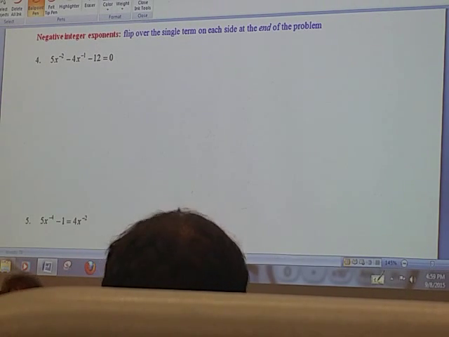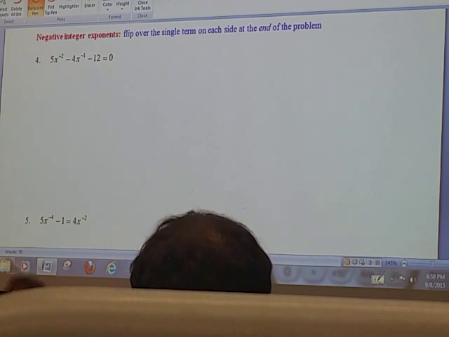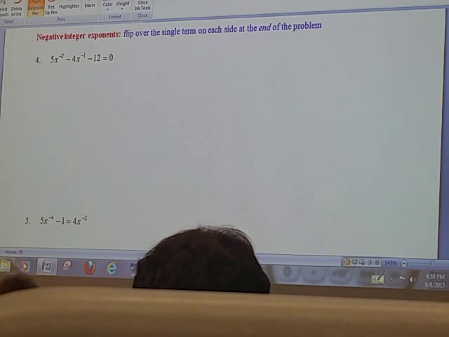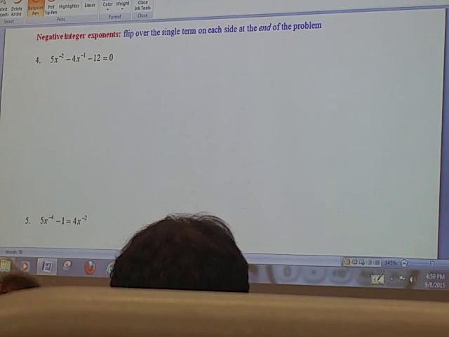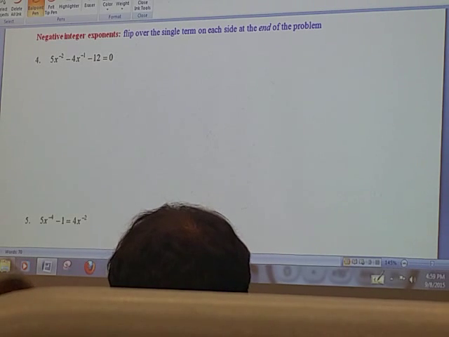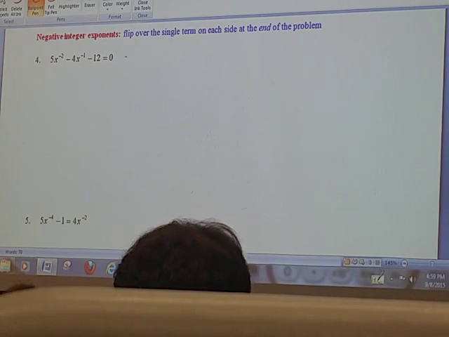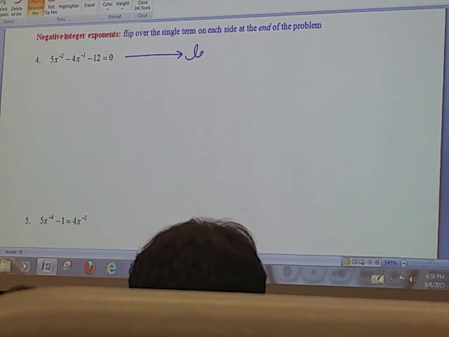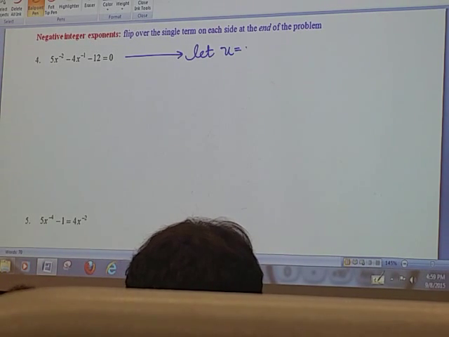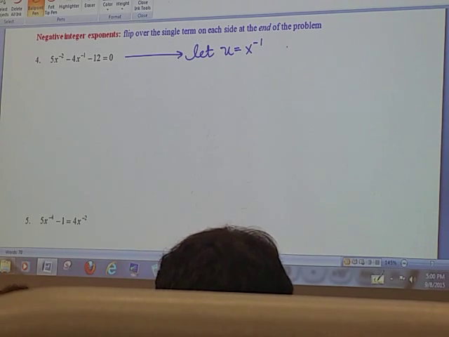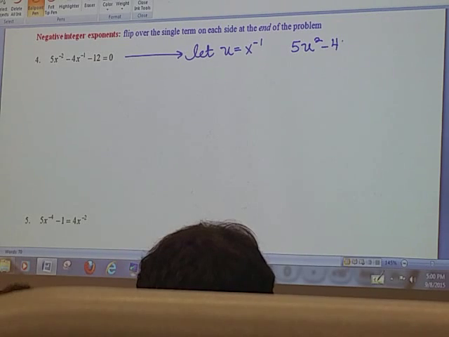Negative integers as exponents. I have no fear of this problem because it is exactly the same as the other one. What is u going to be? X to the negative 1. It's what's in the middle. In this case, x to the negative 1 is in the middle. So I say, let u equal x to the negative 1. So I have 5u squared minus 4u minus 12 equals 0.